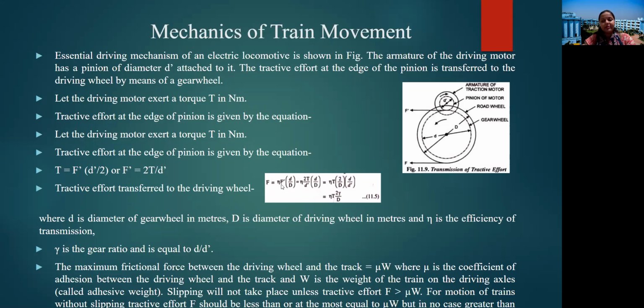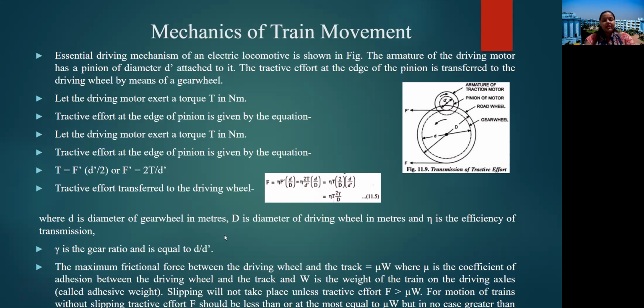I'll come to it later. The tractive effort at the edge of the pinion is given by the equation T equals F dash into D dash by 2, or F dash will be replaced by 2T by D dash. And the tractive effort transferred to the driving wheel is eta into F dash into small d by capital D, where small d is the diameter of the gear wheel, capital D is the diameter of the road wheel or driving wheel, and eta is the efficiency of transmission.